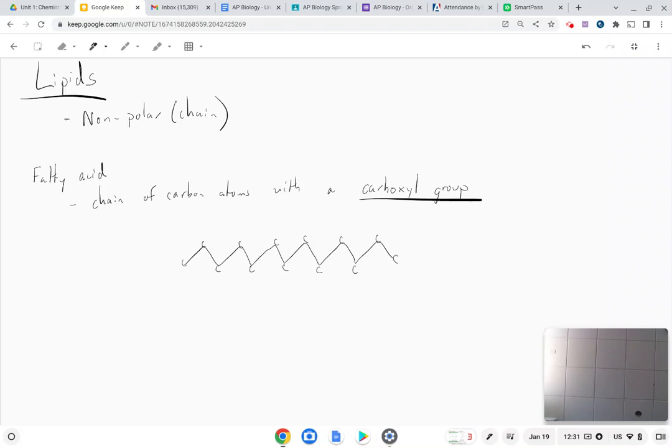Now connected to the end of this chain is going to be a carbon atom that forms a double bond to an oxygen and then a single bond to our hydroxyl group. And this whole thing right here, I'm going to draw a dotted line around it.